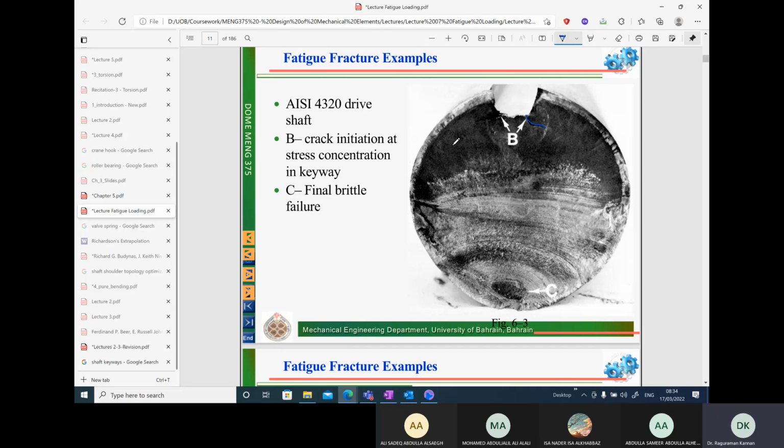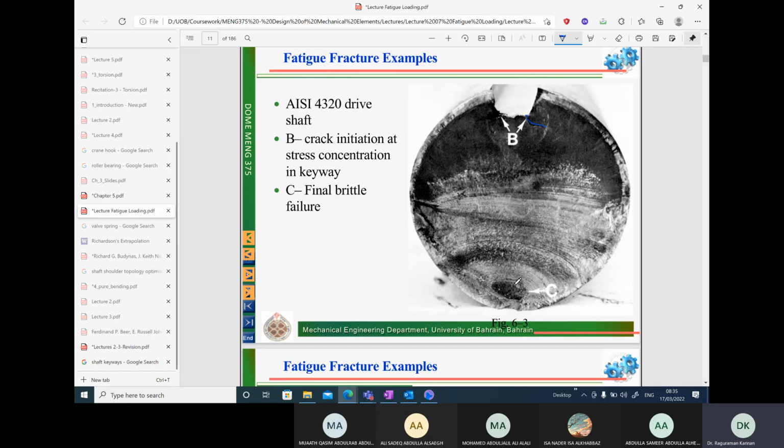Okay, so clearly a shaft is used for torsional loads, and because of torsion this has failed, and you can see the brittle fracture area is within the cross-sectional area and confirms that it is a torsional load that led to the failure. Now, is it a high nominal stress or low nominal stress?